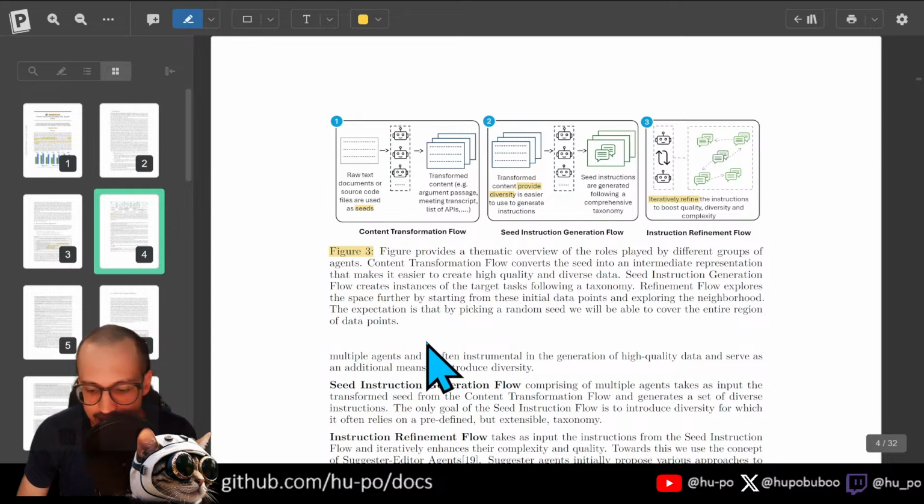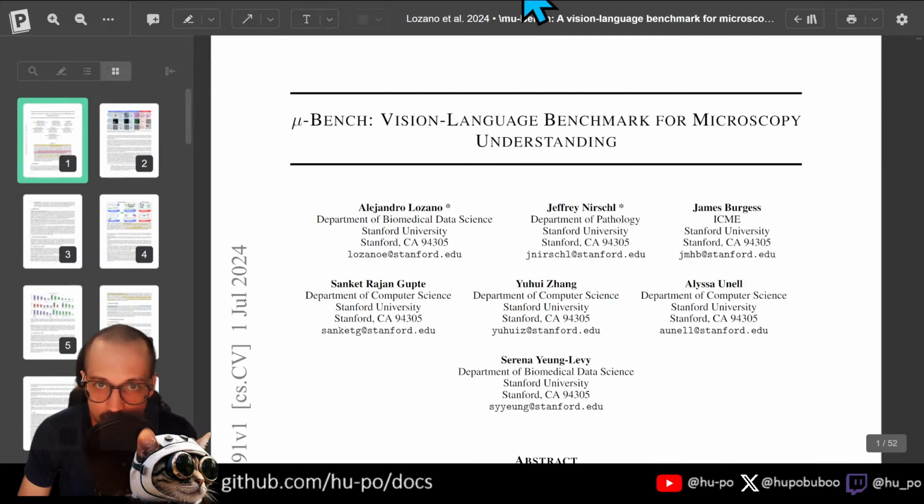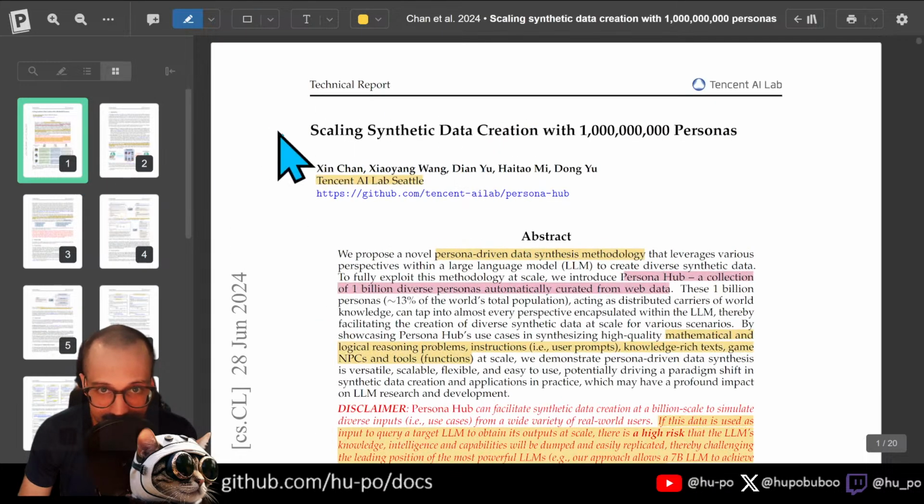So as pre-training and model training gets more complicated because synthetic data generation with the model itself becomes a core part of the training workflow, then maybe I could see a weird combination of basically this, serving thousands of LoRa adapters with little overhead, and this, scaling synthetic data creation with 1,000 or 1 billion personas, right?